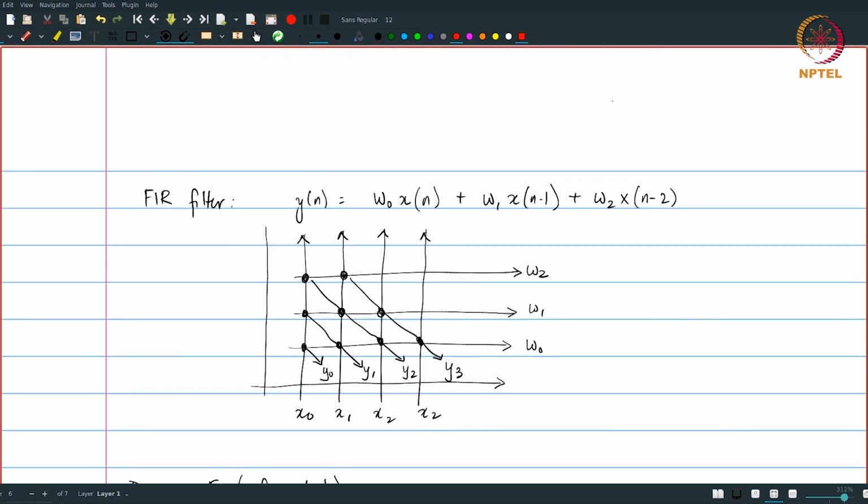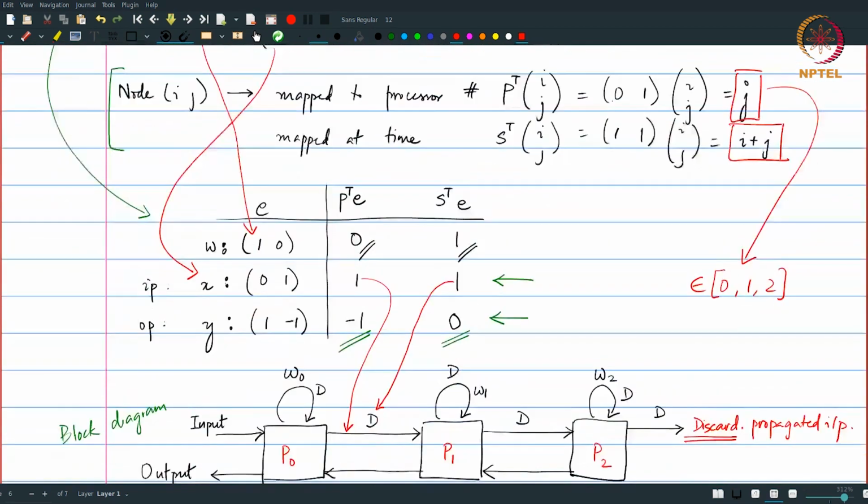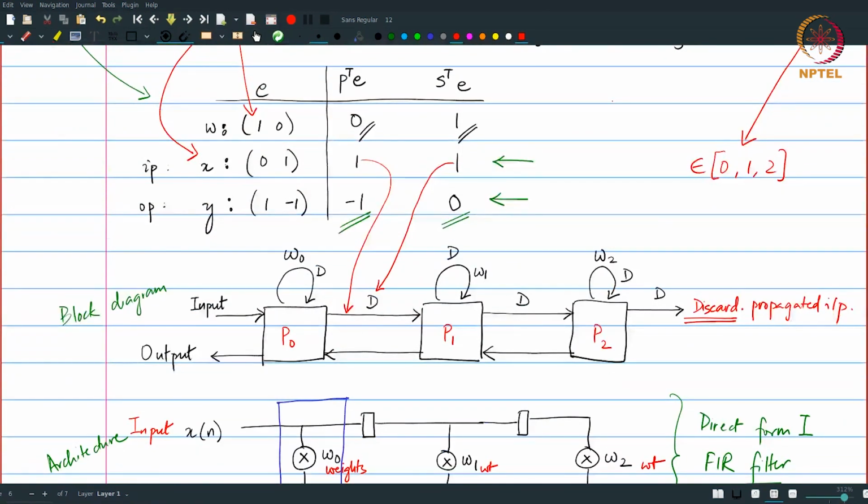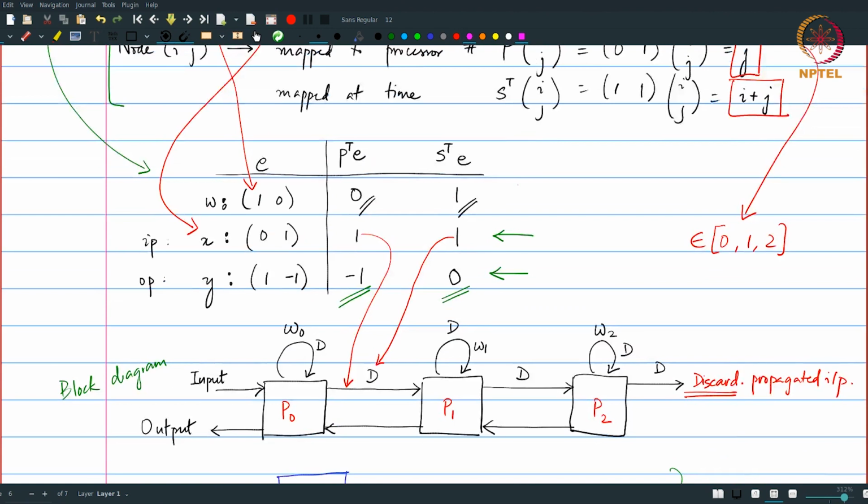In the previous architecture, we would normally say that the weights are remaining stationary, meaning that the weights remain on the same processor from one clock cycle to the next.